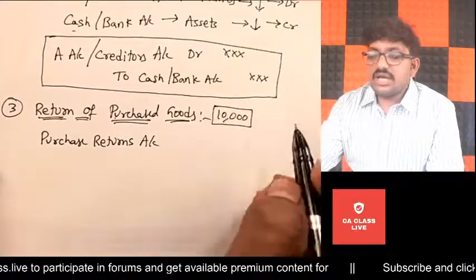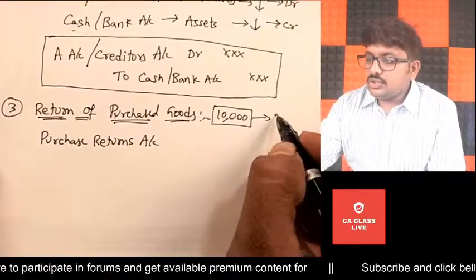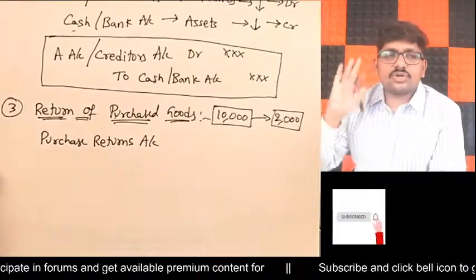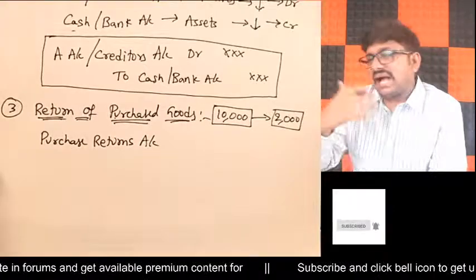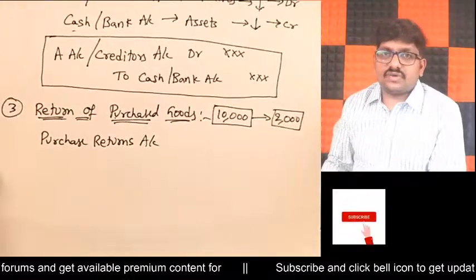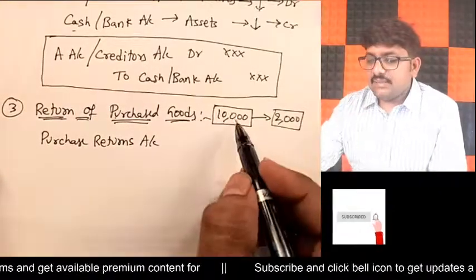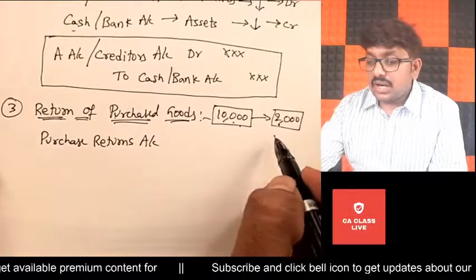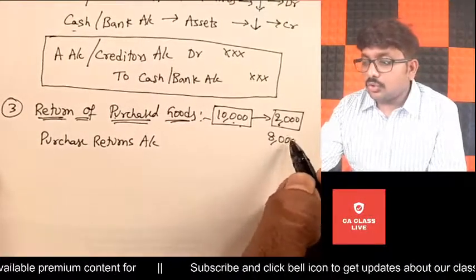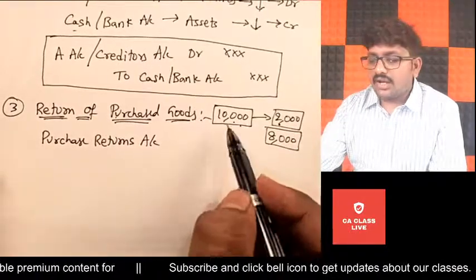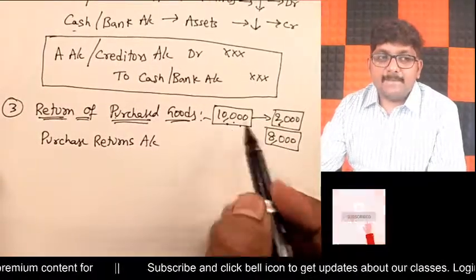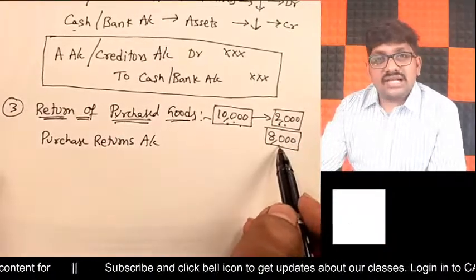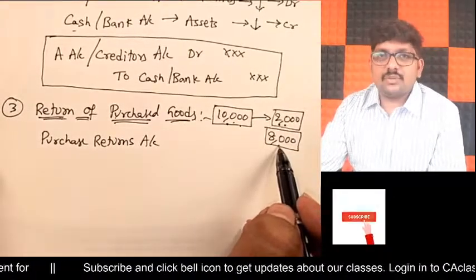Now you are giving back 2,000 rupees worth of goods, saying I don't want these goods, take them back. Out of 10,000 you are giving 2,000 back. It means your liability will come down to 8,000. Earlier you had to pay 10,000, but now you have given back 2,000 rupees worth of goods, so you still have to pay only 8,000 rupees.